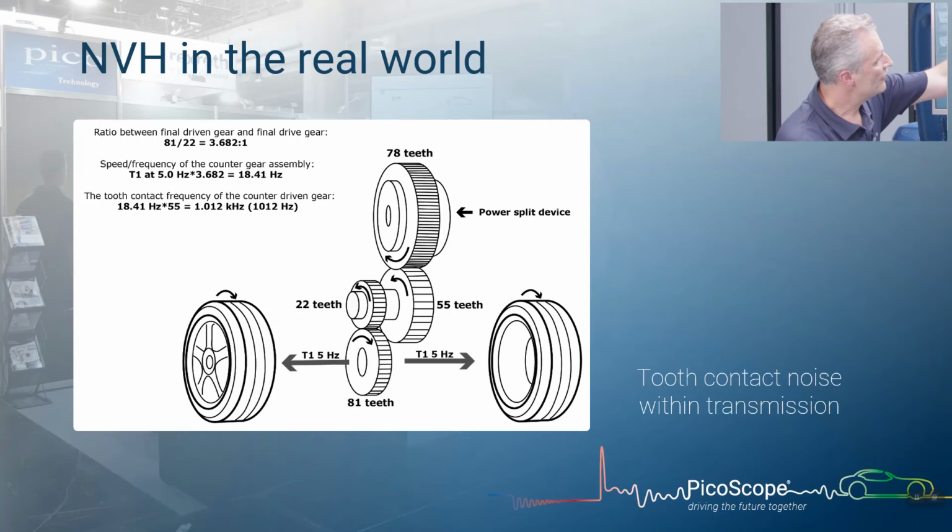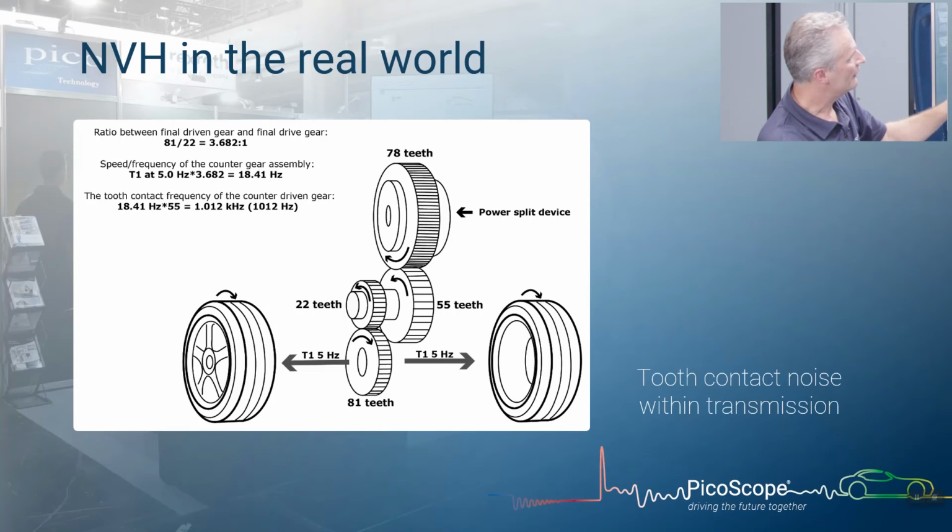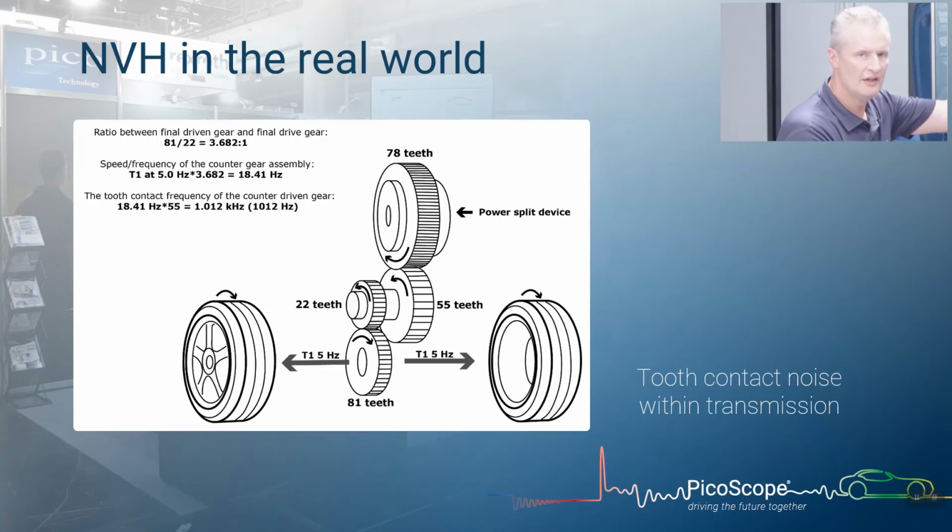So once we know the frequency of this gear here, based on this ratio, we know the tooth count for this gear, the tooth count for this gear, and the meshing frequency with the power split device here, at that speed generates a frequency of 1 kilohertz. So we're able to diagnose particular offending components within a transmission without dismantling the transmission.